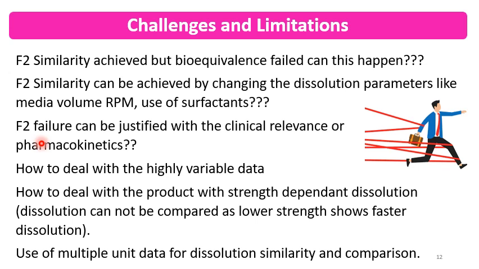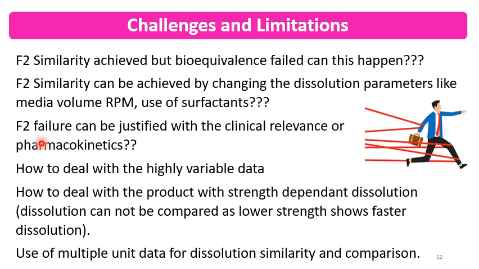Then how to deal with highly variable data? If your formulation is showing high variability, then you can go for other methods like F2 bootstrapping and the EMSD method. How to deal with a product with strength dependent dissolution?